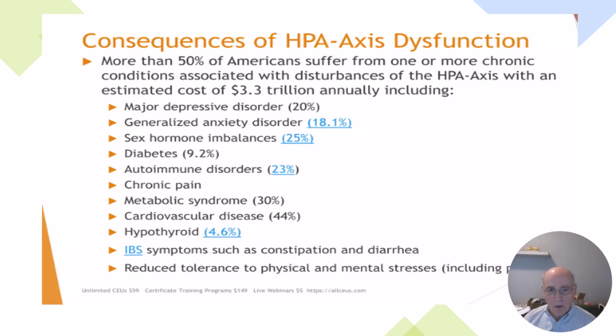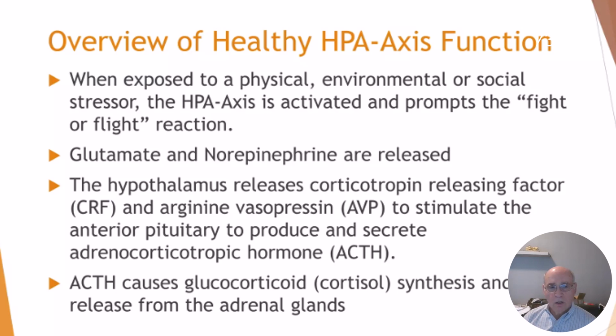It shouldn't surprise anyone. Major depressive disorders, anxiety disorders, diabetes, autoimmune disease, metabolic syndrome, cardiovascular disease, all driven by alterations in HPA axis dysfunction. When exposed to a physical, environmental, or social stressor, the HPA axis is activated.